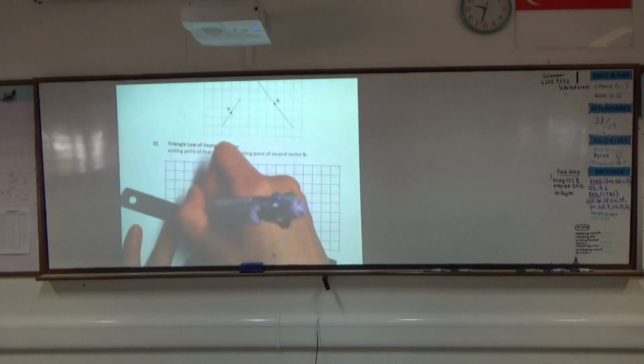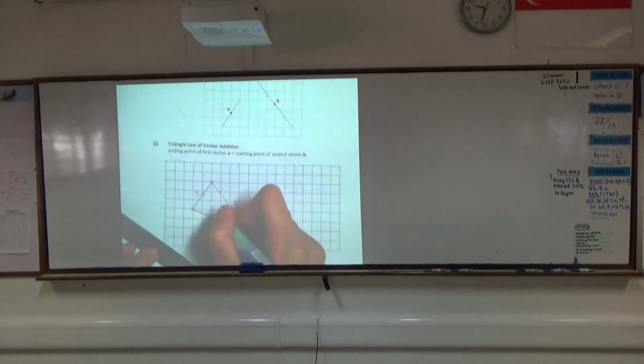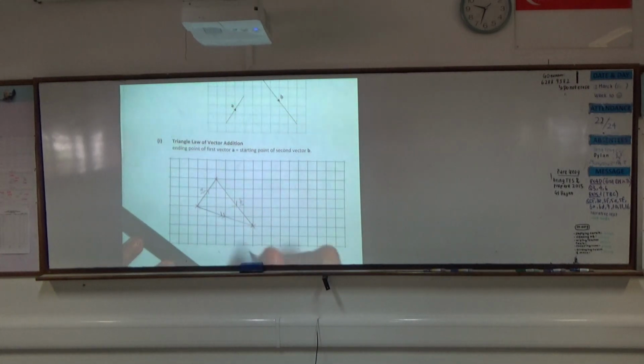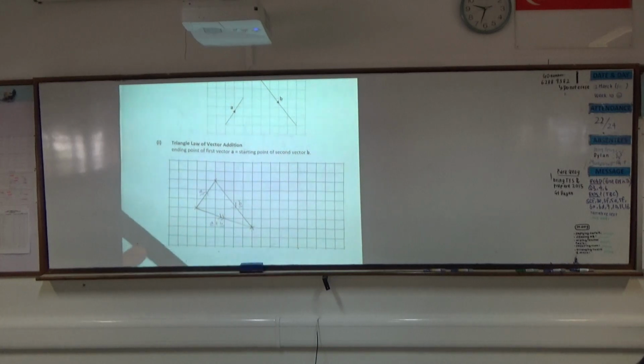So our resultant vector is going to look like this: double arrow, A plus B. Why that direction? Why not this direction? Well, then what are you thinking about?